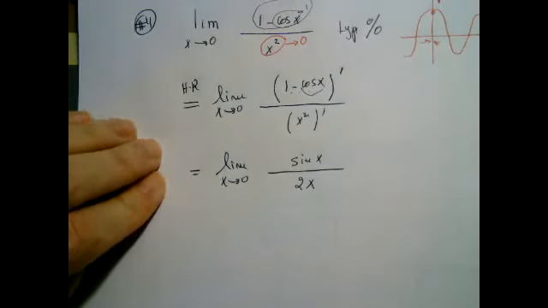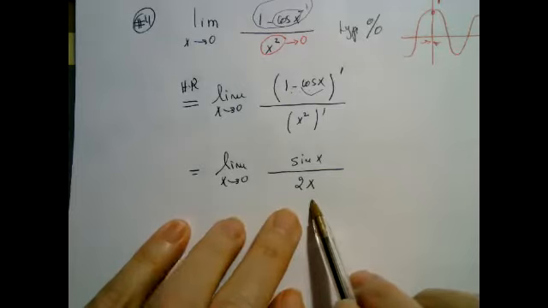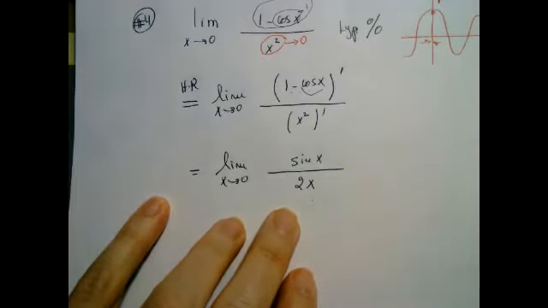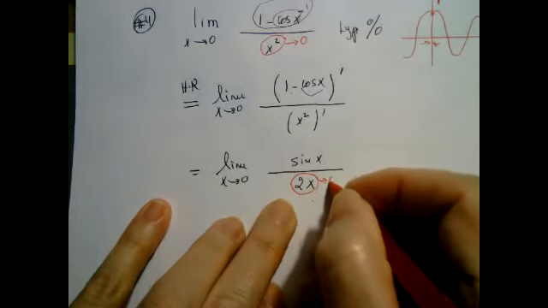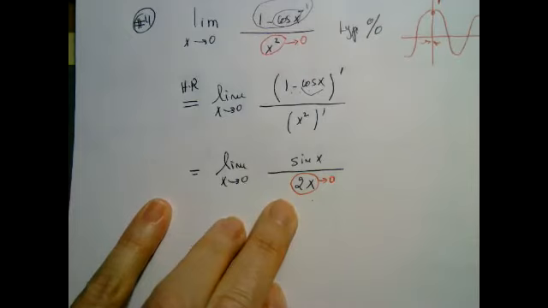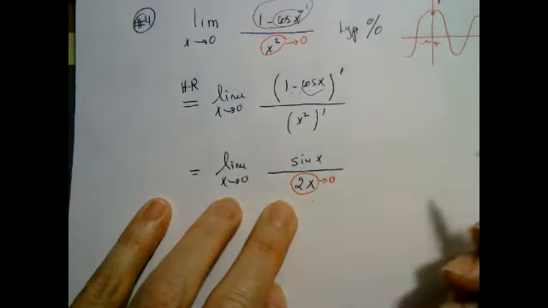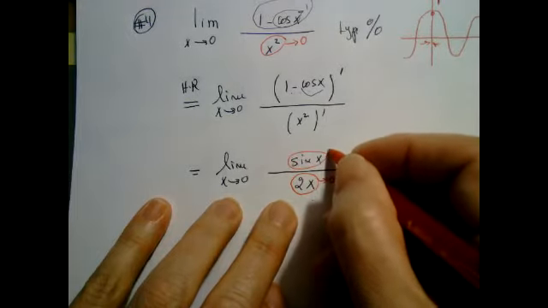Okay. So what happened now? When x goes to 0, we have to compute this limit. Okay, when x goes to 0, this one goes to 0. And when x goes to 0, the sine x, remember sine of 0 is 0. So this goes to 0.